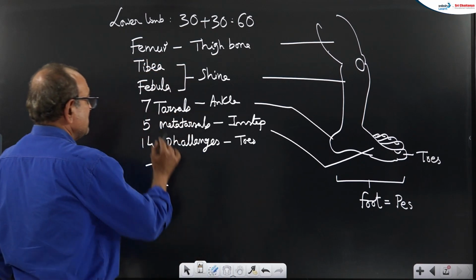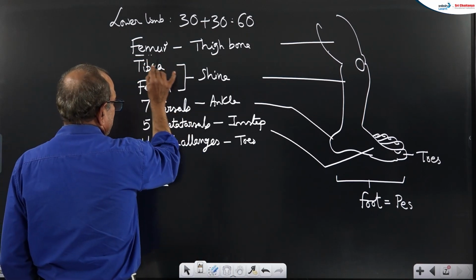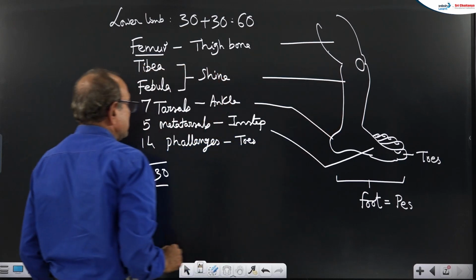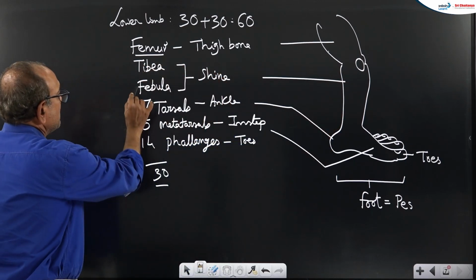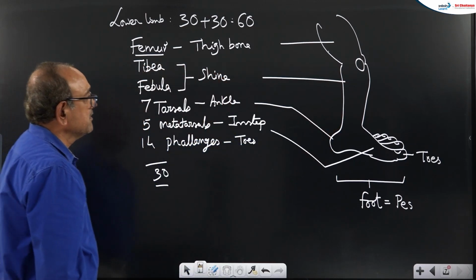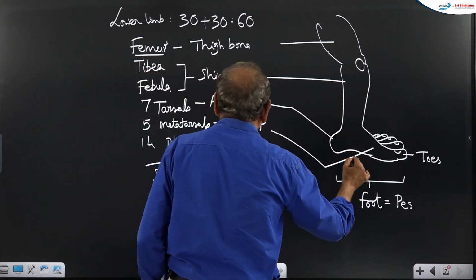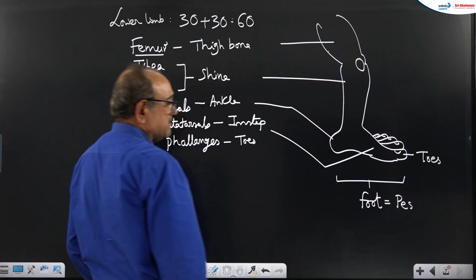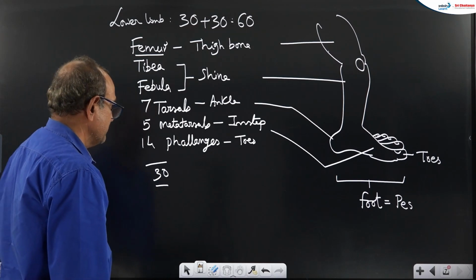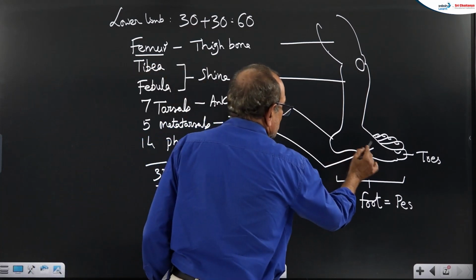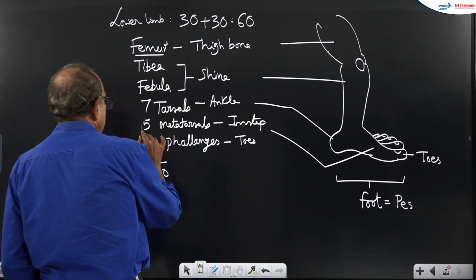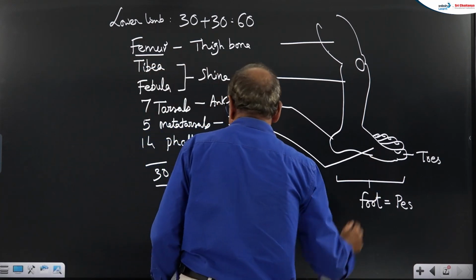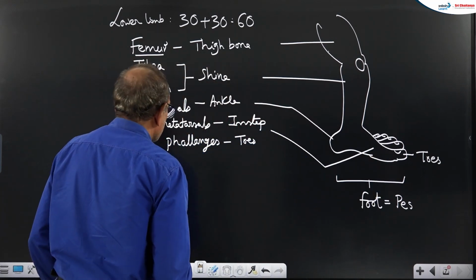The thigh is internally supported by the thigh bone, the femur, whereas the shin is internally supported by tibia and fibula, and the ankle is supported by 7 tarsals. These are the heel bones, tarsals. The instep is supported by 5 metatarsals and the toes are supported by a total of 14 phalanges.